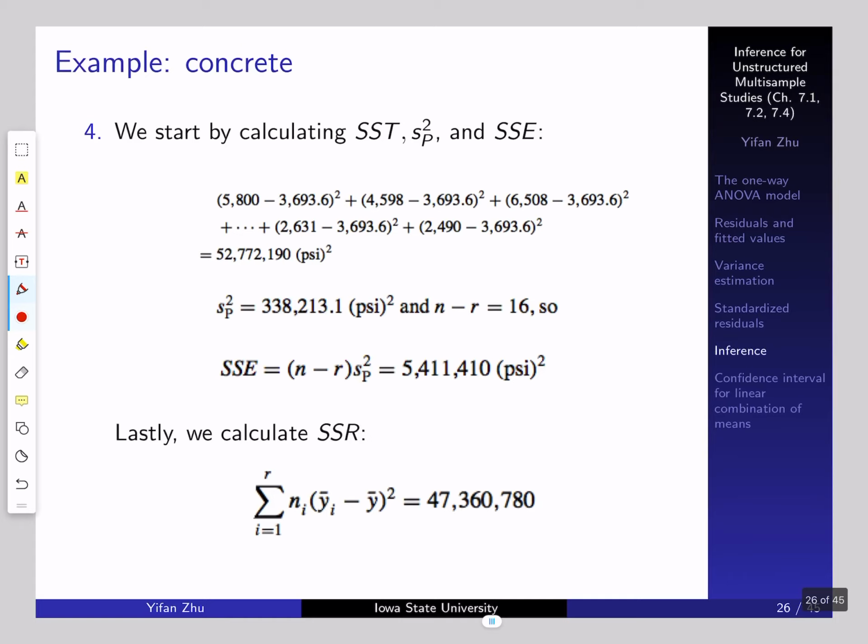Okay, so to calculate the observed F test statistic, we first calculate SST and SSE. SST is the total sum of squares, and with SST and SSE, the SSR is just SST minus SSE. This relationship was given in the simple linear regression and multiple linear regression lectures.